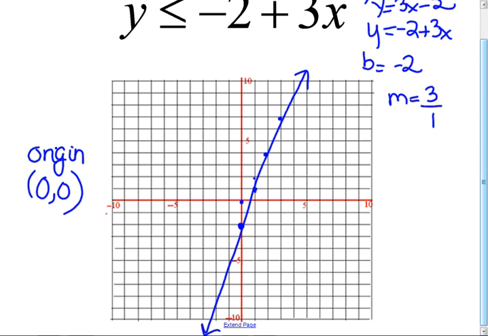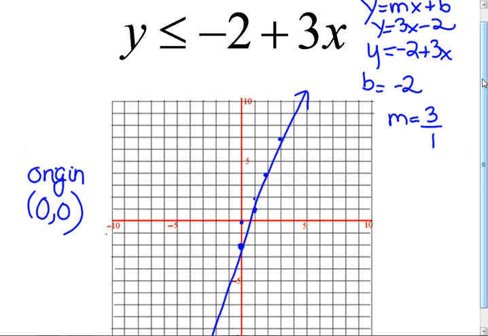So if I put in 0 here, is that less than or equal to negative 2 plus 3 times 0? Is 0 smaller than negative 2? David? No, it isn't. So this point does not make this true.